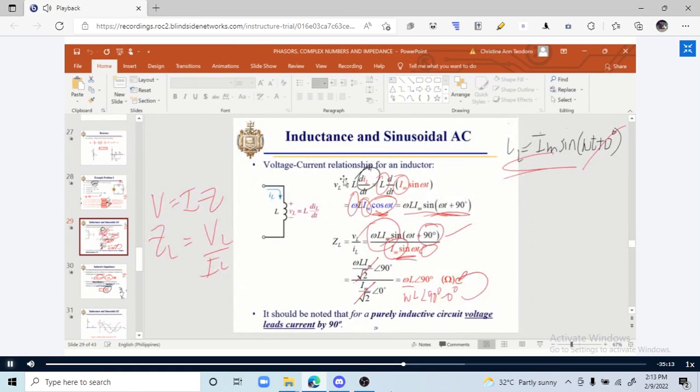That's why when we have a purely resistive circuit, our ZR is equal to R angle 0 degrees. And when we have a purely inductive circuit, since voltage leads current by 90 degrees, our ZL is equal to omega L angle 90 degrees, wherein omega is our angular frequency and L is our inductance.